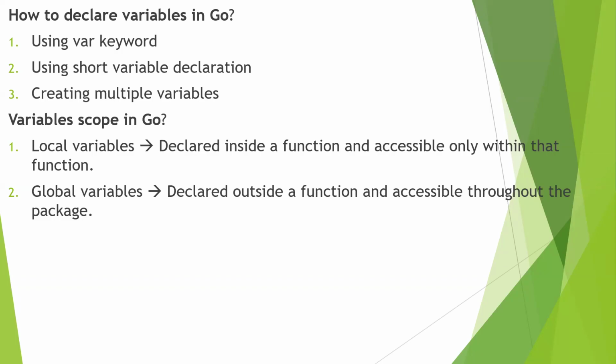Okay, since we did not cover the functions topic very explicitly, I am not going to show an example at this point of time, but when we talk more about the functions in Golang, I will definitely show you how we declare local as well as global variables along with the constants.